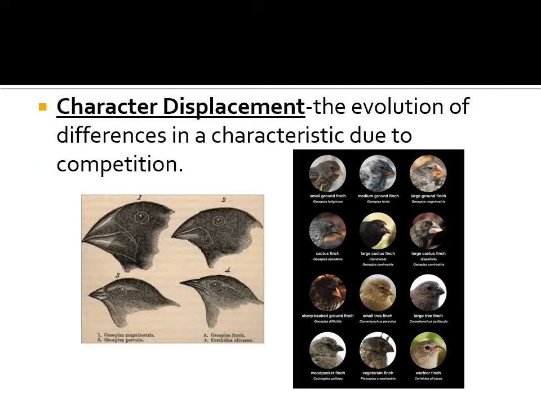Competition can also cause something called character displacement to occur. This is the evolution of differences in a characteristic due to competition. One of the best examples that we've looked at this year of character displacement is Darwin's finches. We see in these pictures here all of the different finch species that exist today on the Galapagos Islands.